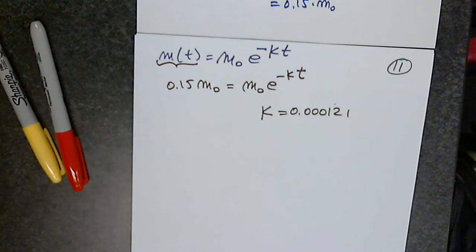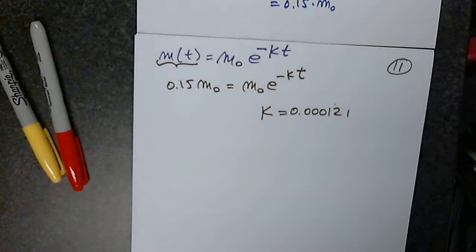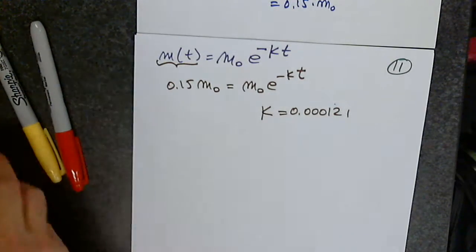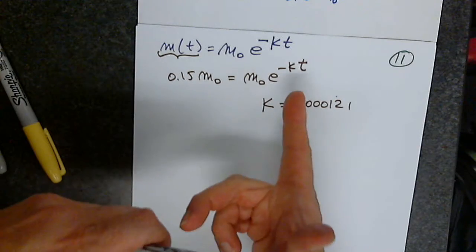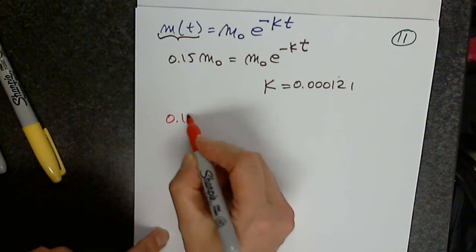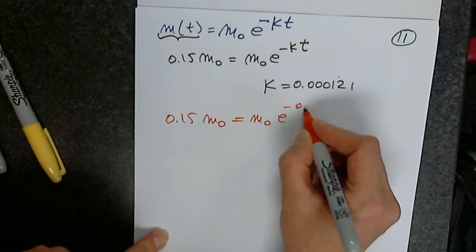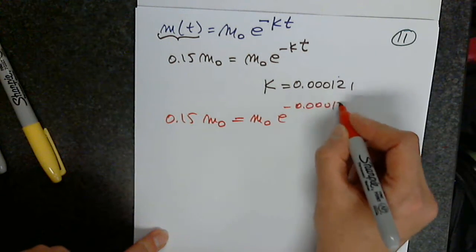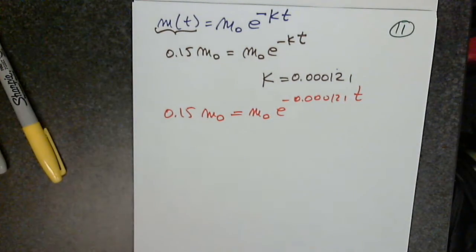I didn't copy that, because I realized all of a sudden I had two variables. So of course I'm going to replace k by this. So the equation is 0.15 m0 equals m0 e to negative 0.000121 t.